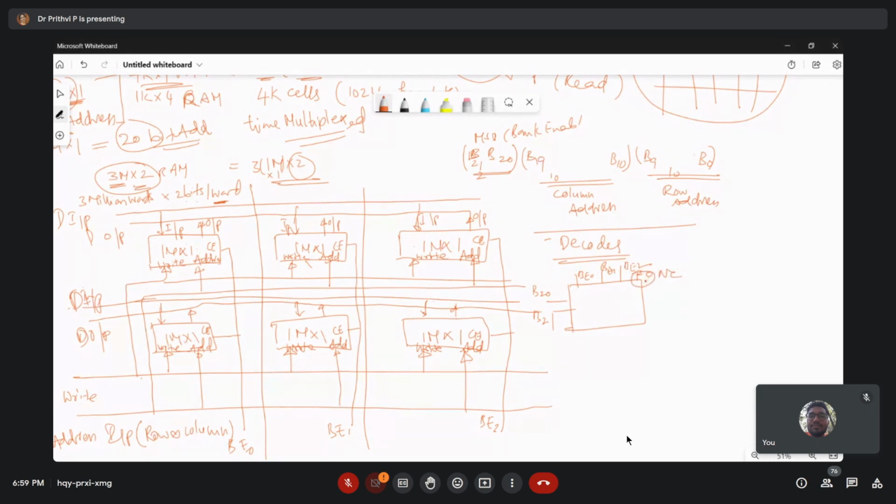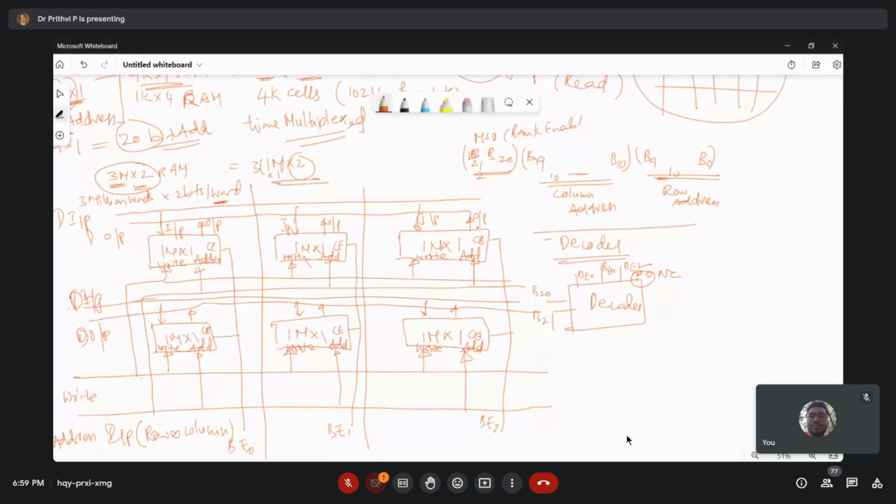Using this decoder we decode which bank we are enabling, and which row and column will be enabled is given by the next 20 bits. So this way we access the RAMs.